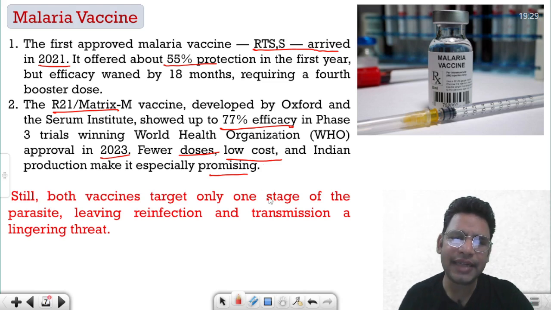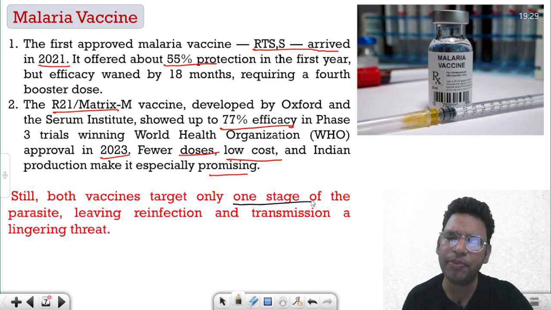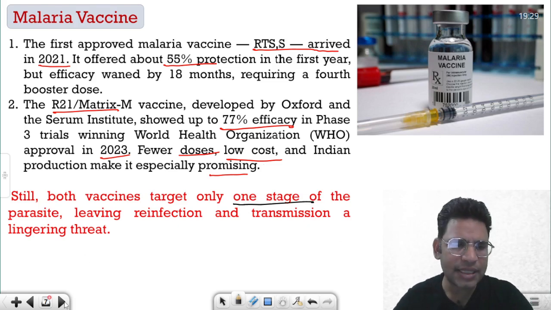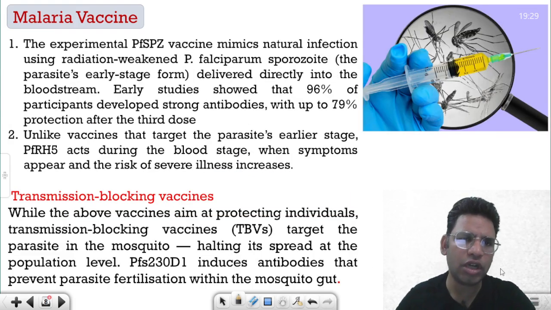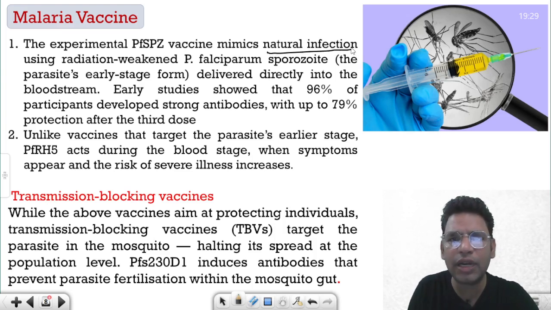Still, both vaccines target only one stage of the parasite, leaving reinfection and transmission a lingering threat. That is one problem. It does not as a whole provide protection or some kind of immunity, it only targets one stage. So the research going on right now, what we want to talk about, is the experimental PF-SPZ vaccine, which mimics natural infection.